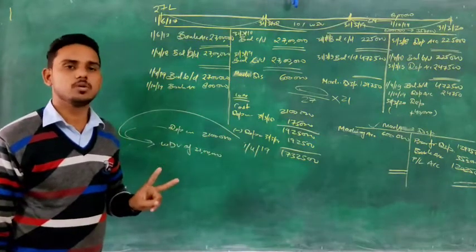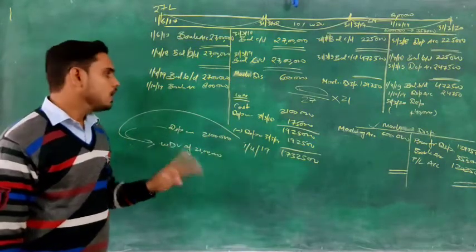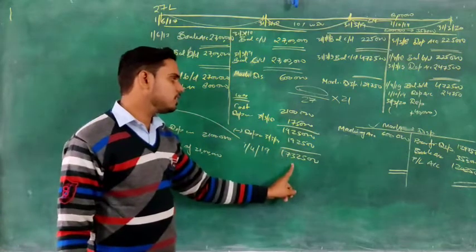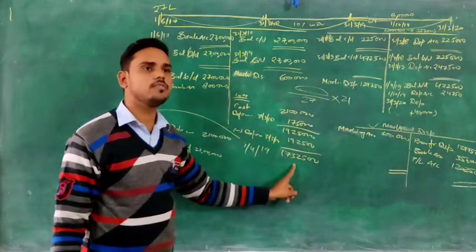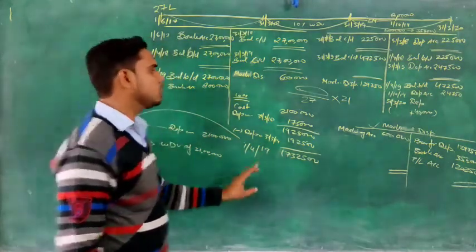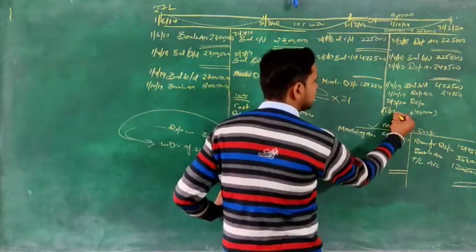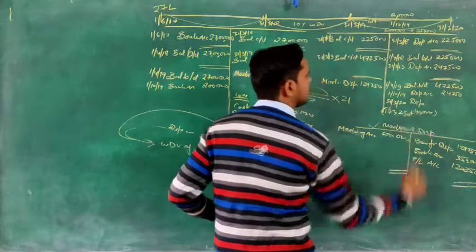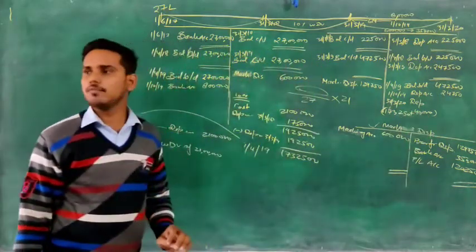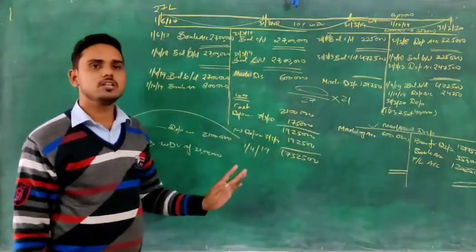So there are 2 ways. Okay, you can use either way. Now we take the WDV 17 lakh 32,500. We can charge 10% of this, and 10% of this will be 1,73,250. No confusion. Now we have charged the depreciation.